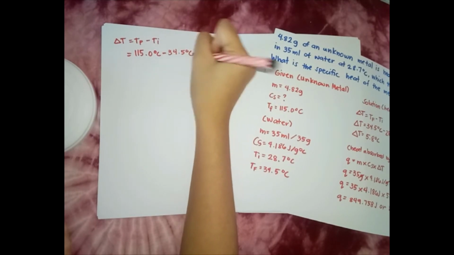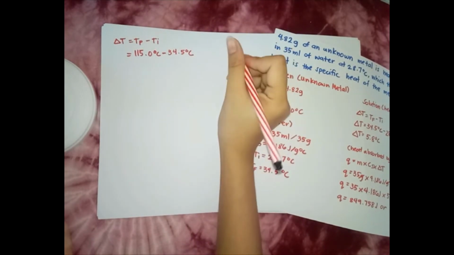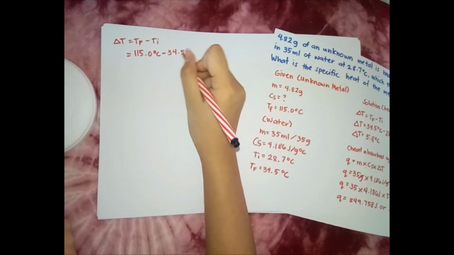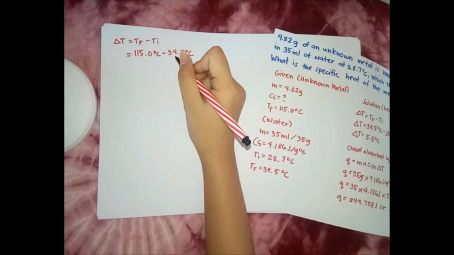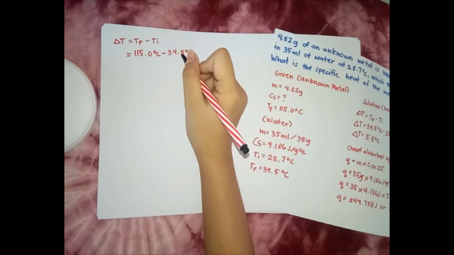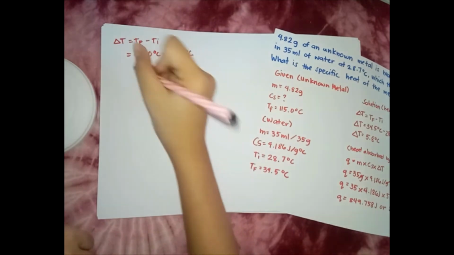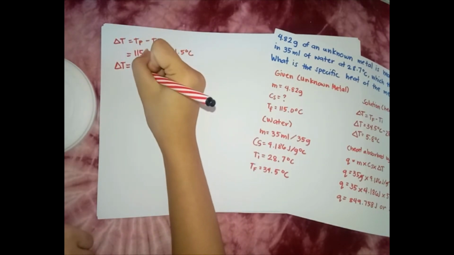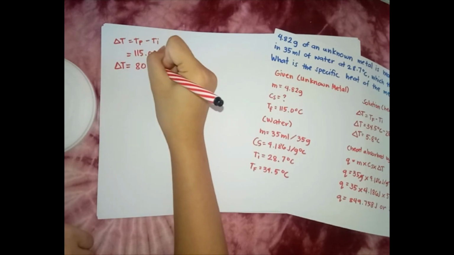So, do note that this is the temperature of boiling water accumulated by subtracting the final temperature of metal from the final temperature of water. So now, we have delta T equals 80.5 degrees Celsius.